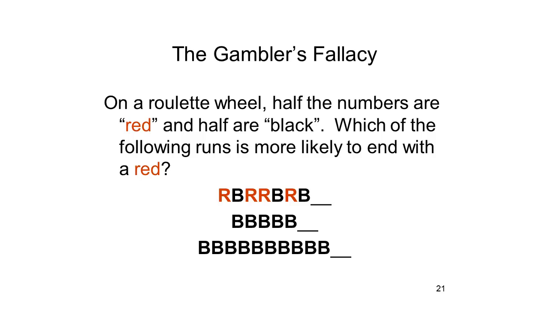Therefore, on any particular spin of the wheel, the probability of it stopping on a red number is 1 out of 2, regardless of what's happened before. But a long run of blacks, or a long run of reds for that matter, doesn't fit our intuitive notion of randomness, and so we expect that a red will come up soon to make the sequence appear more random.